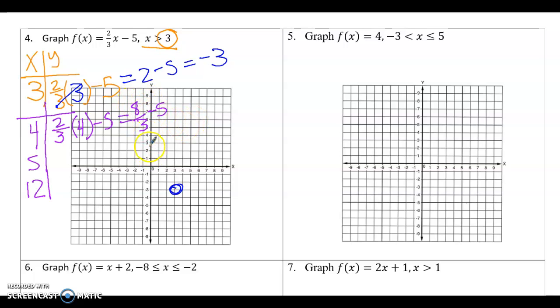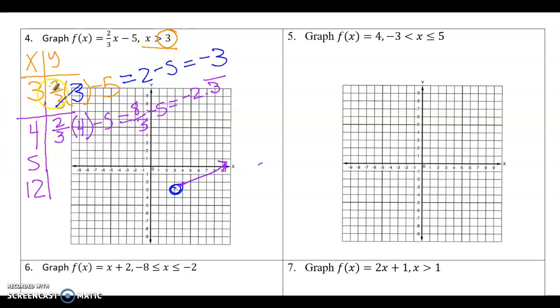I'm not sure what 8 divided by 3 is, so I'm going to go to my calculator, do 8 divided by 3 minus 5, and that is -2.33 repeating. Okay, so my next point is 4, comma, -2.33, and let's just say it's about here. And then I'm going to connect the dots, and it's going to go on forever because x is always greater than 3.